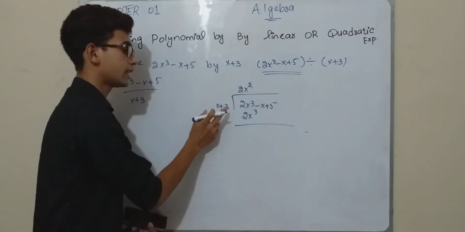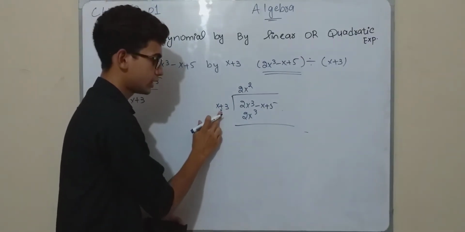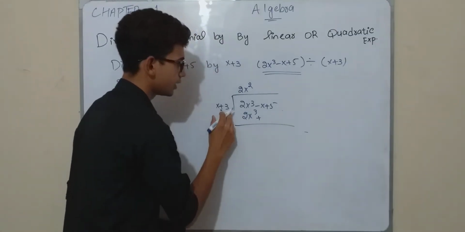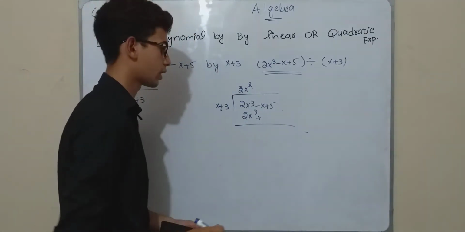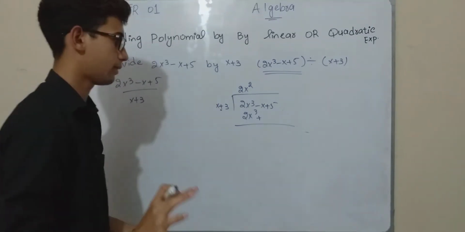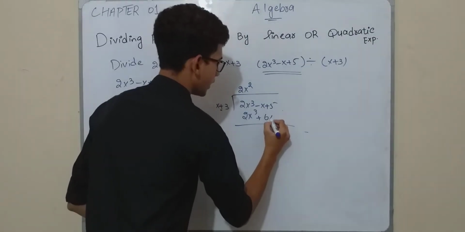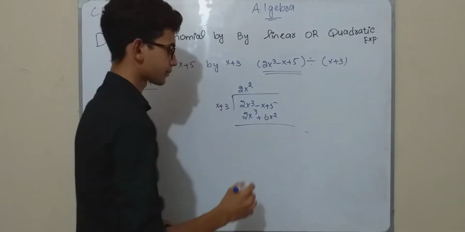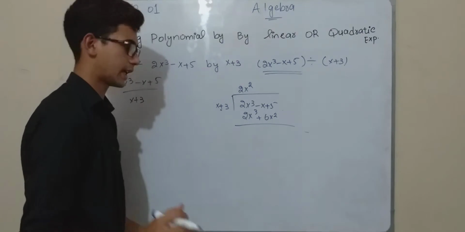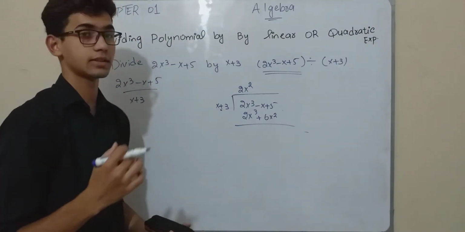Now I'm going to multiply the number 3 with it. Now I'm going to put this sign here, plus 3 into 6x square. The constant will multiply with the constant and the variable will not be affected by it. So I'm going to write 6x square. Well, in the subtraction of the expressions, I change the sign.